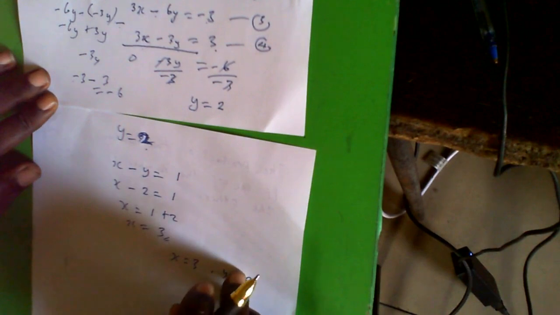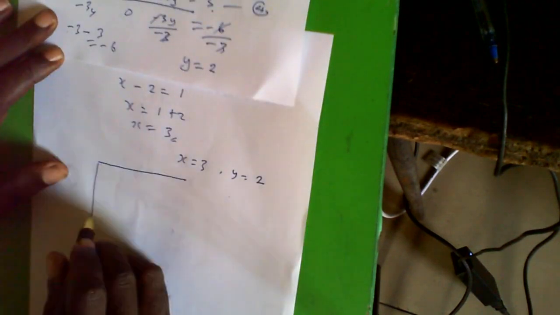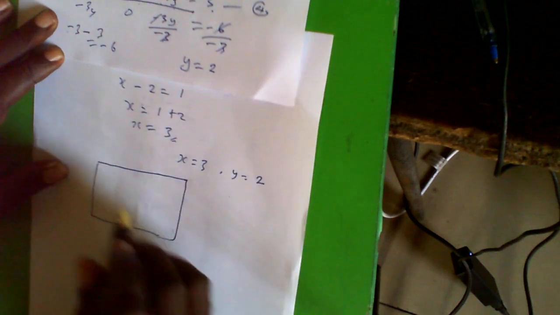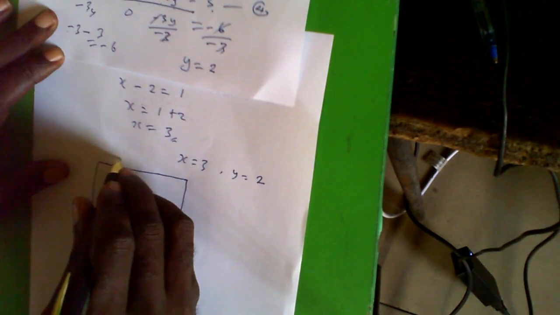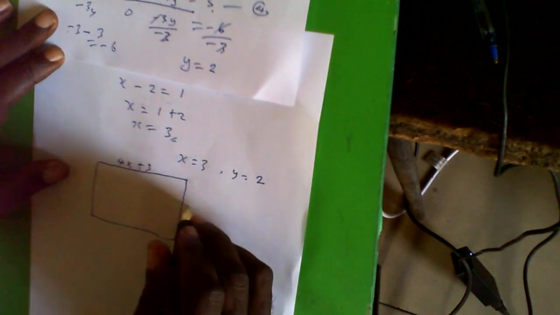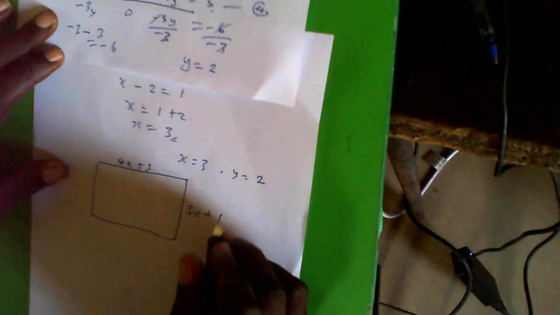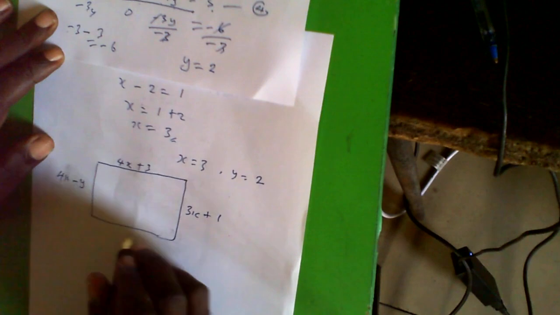Remember, they asked us to find the area of the rectangle. So we go back to the question. Let's draw the shape again. The diagram has 4x plus 3, then 3x plus 1, then 4x minus y, then at the bottom x plus 6y.